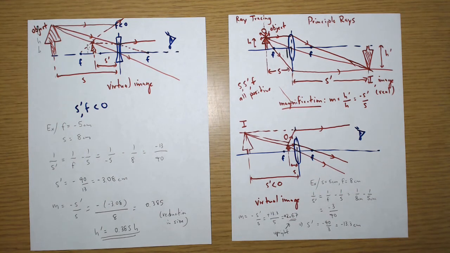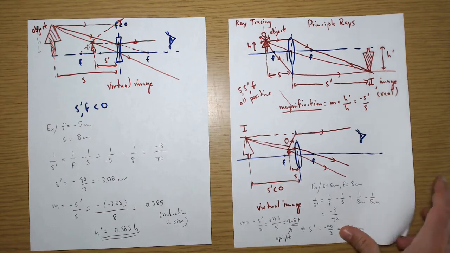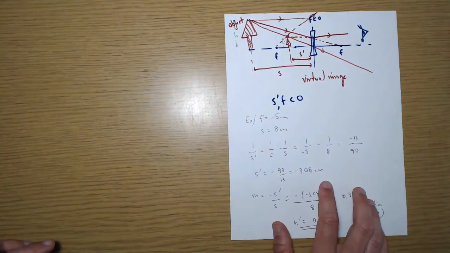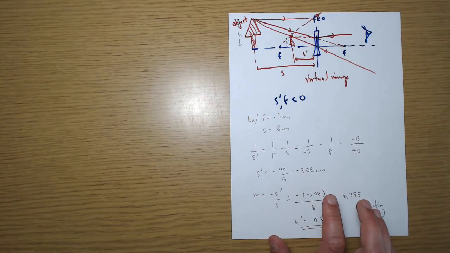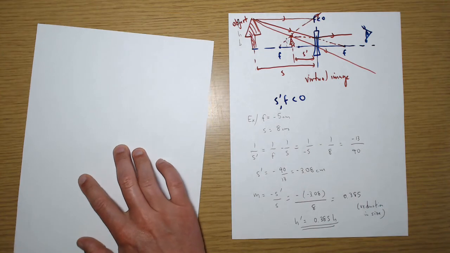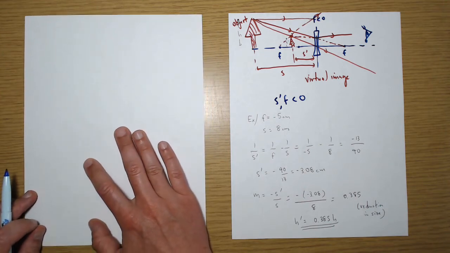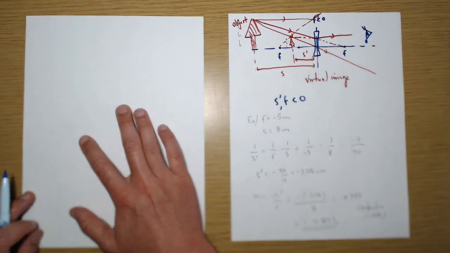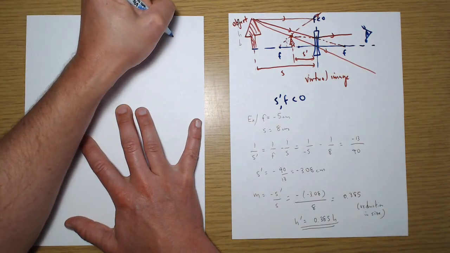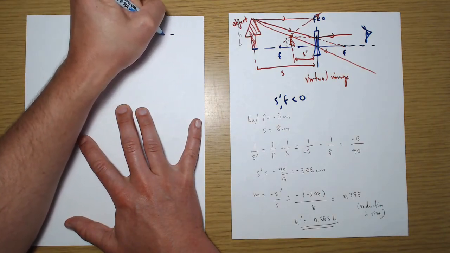Okay, finally what I want to talk about is two lens systems. Okay, a two lens system. Now you might be wondering, why in the world would you want to use two lenses in your system? Isn't one lens complicated enough for our ray diagram?